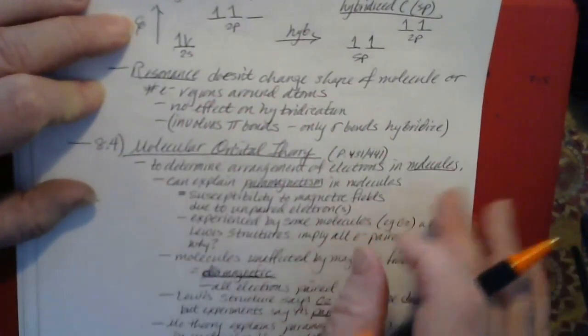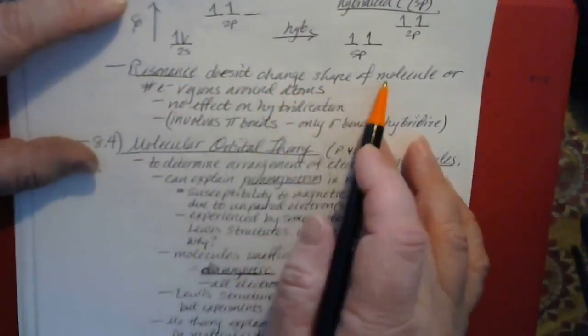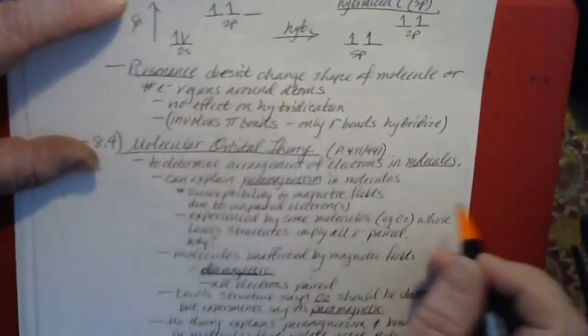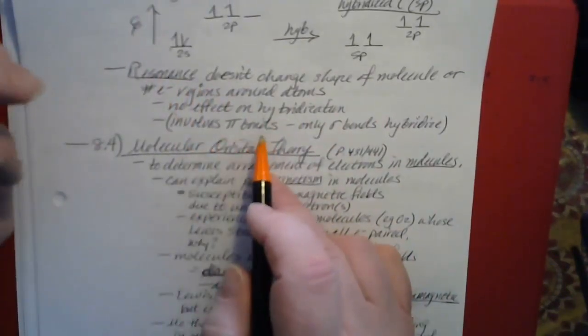Resonance is covered in a little bit of detail in the book, and I'm going to cover it in even less, because the fact is, when it comes right down to it, resonance doesn't change the shape of the molecule or the electron regions around the central atom, and therefore it doesn't really have any effect on hybridization. Resonance, though, does only occur in cases where you have pi bonds.